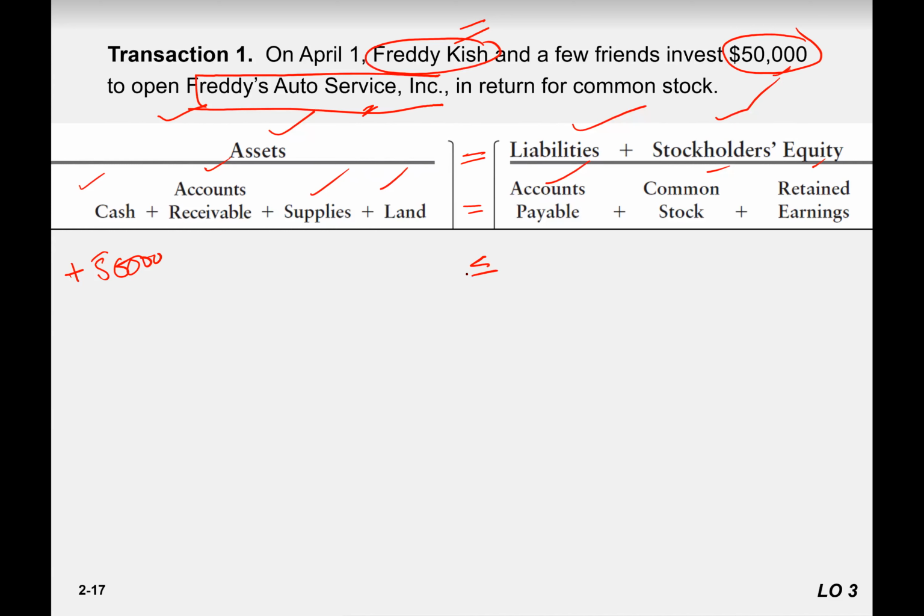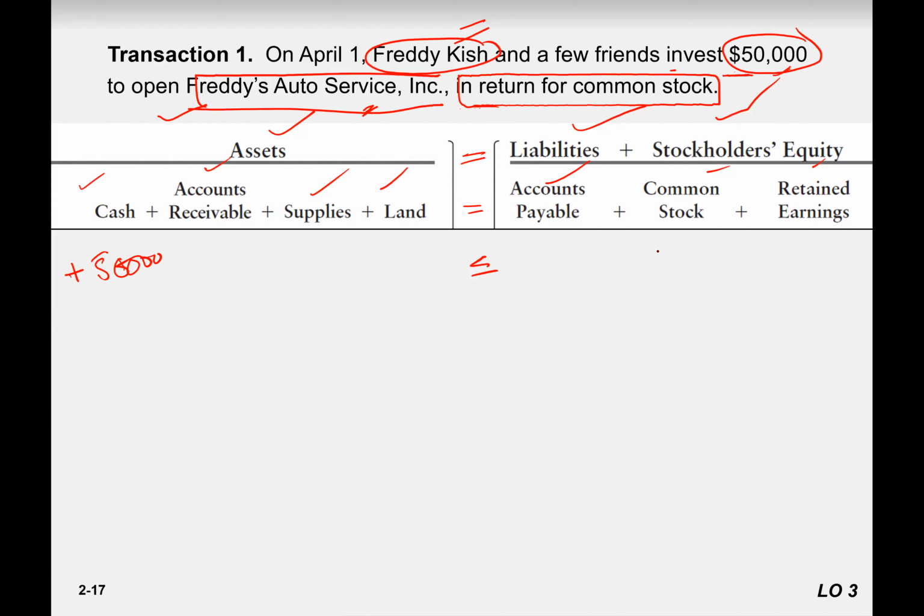You see here, $50,000 here. Yes, we see. So remember, the return is common stock. It means on the asset side cash is increased, and on the other hand, the company increases common stock, right?